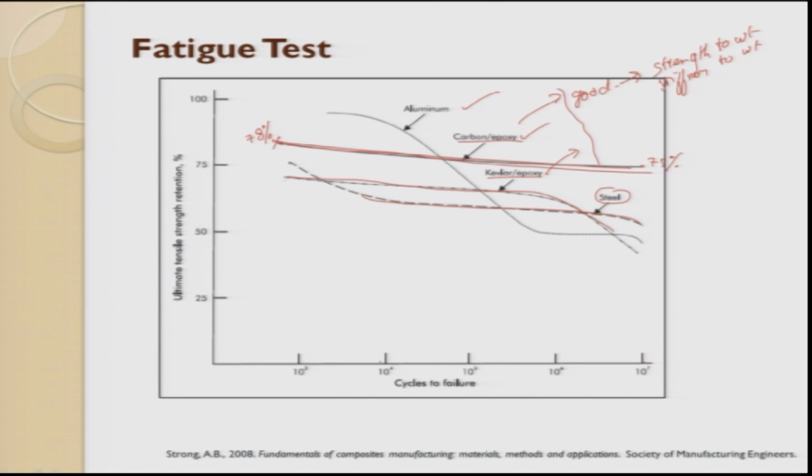You can see Kevlar also follows the same. After 10 to the power 6 there is a deterioration, whereas with aluminium, even at 10 to the power 4 cycles there is a decline. However, at the start it gives a better performance, but when it is put to longer use, this is the usage time. We see composites outperforming the homogeneous materials. Steel also has a strong decline, and think of steel density, aluminum density, and these densities.